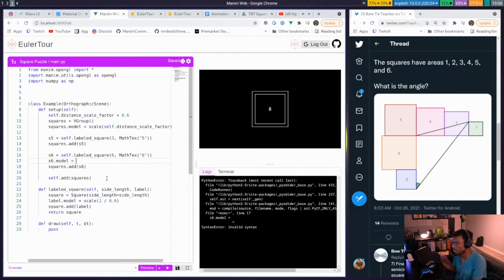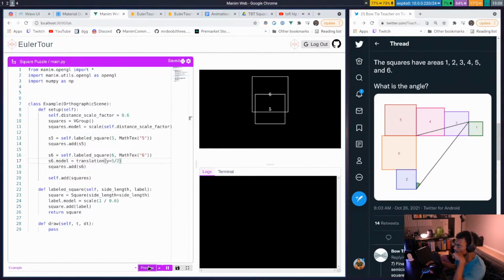Maybe this can just be the origin though. So maybe we can just say translation, and y equals 5/2. I did that in the wrong direction. But yeah, then this also has to be exactly 5.